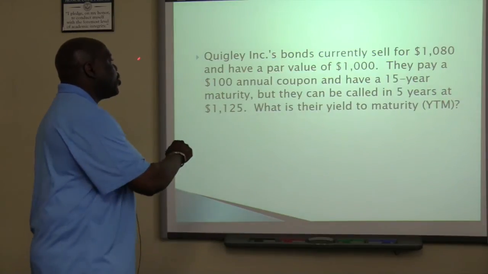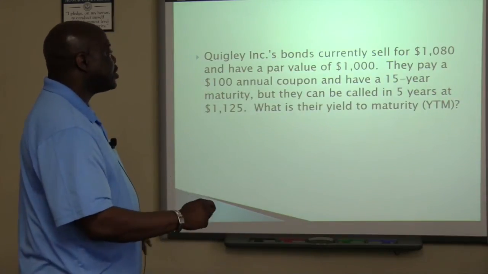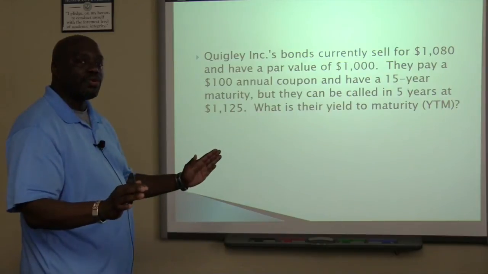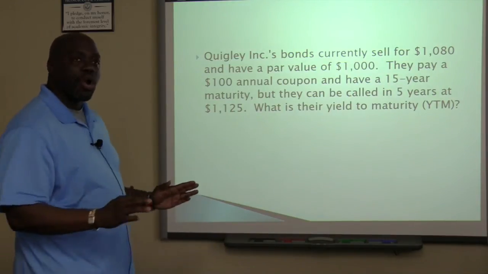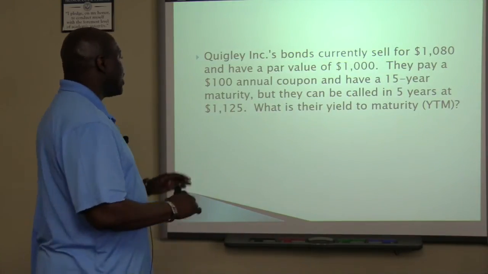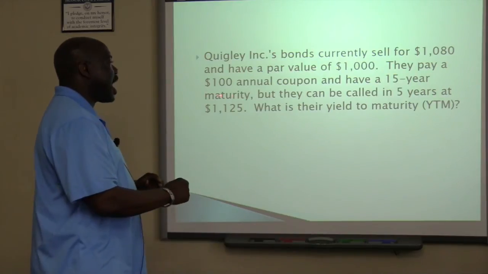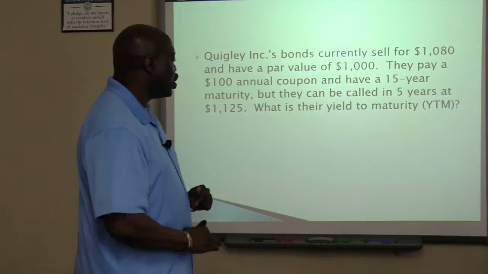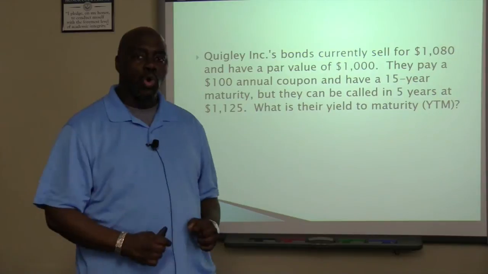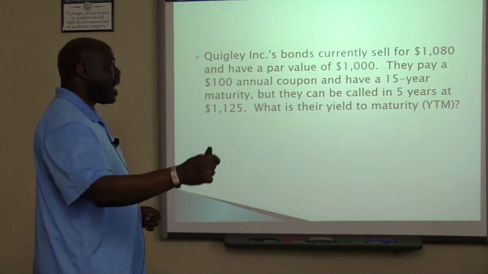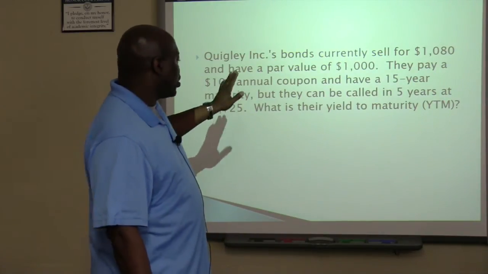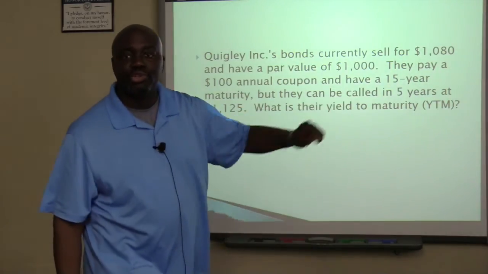Okay. Quigley Incorporated bonds currently sell for $1,080 and have a par value of $1,000. They pay a $100 annual coupon and have a 15-year maturity, but they can be called in 5 years at $1,125. What is their yield to maturity?